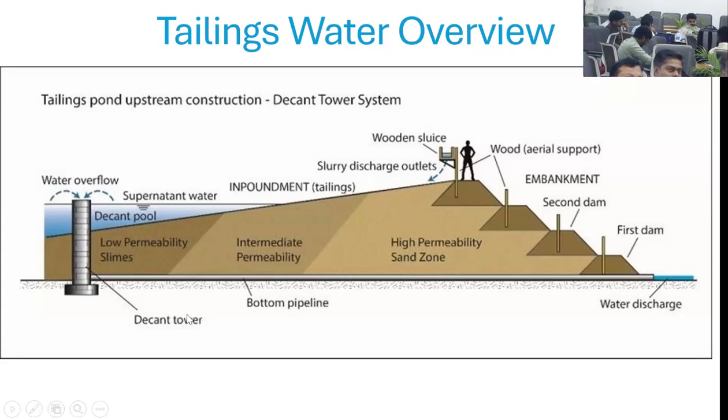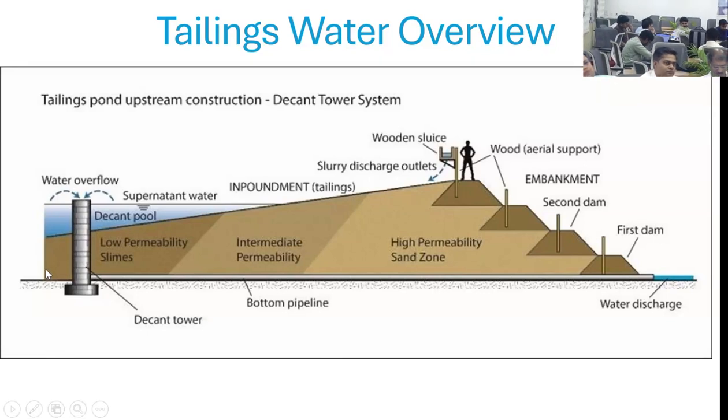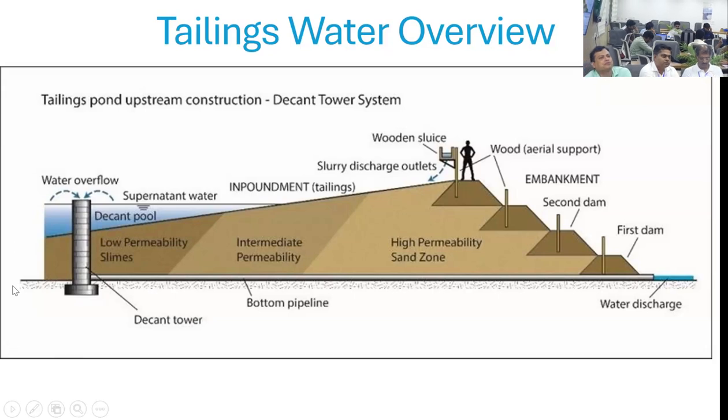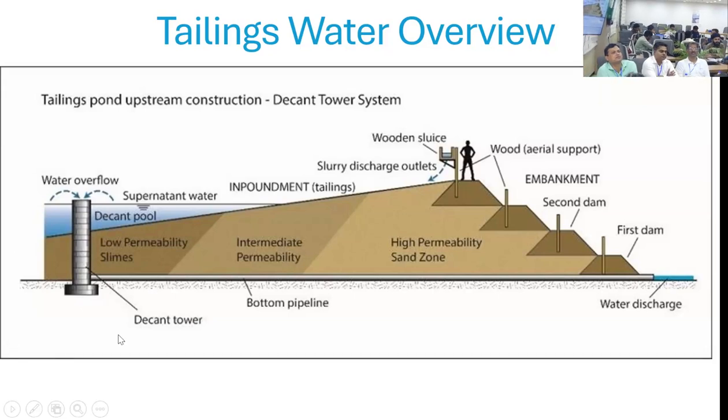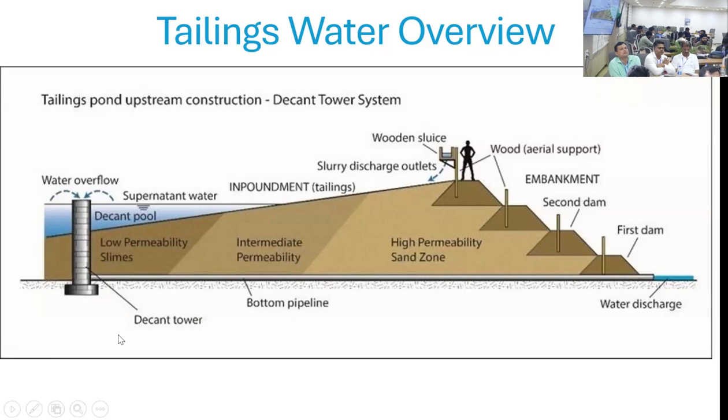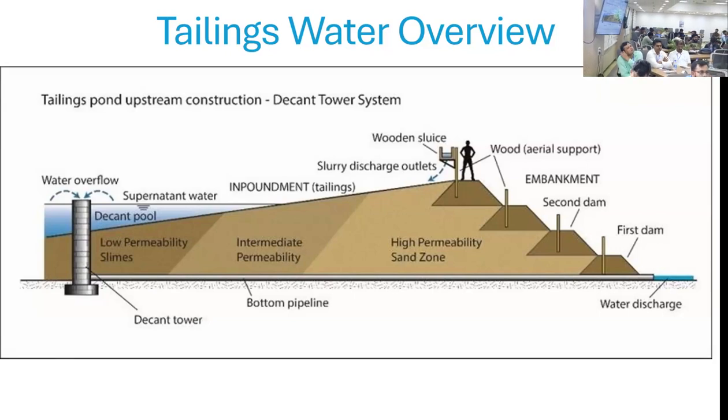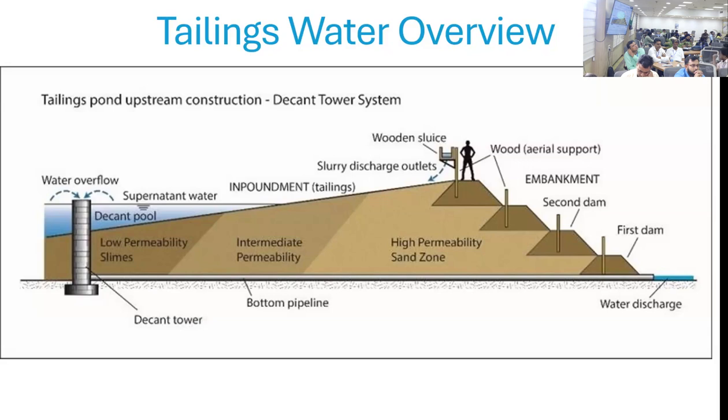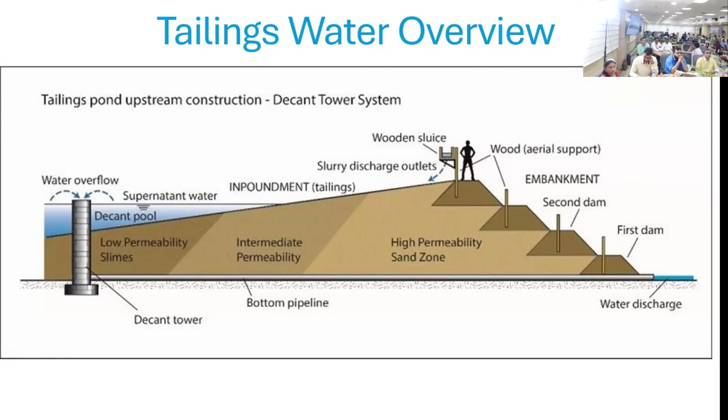And then you see, this is another concept which many times in the India context we don't follow. That is your decant tower. So what do we do with a decant tower? In the very first class, when Dr. Panda was talking about partitioning, we have, say, four nearby ponds.